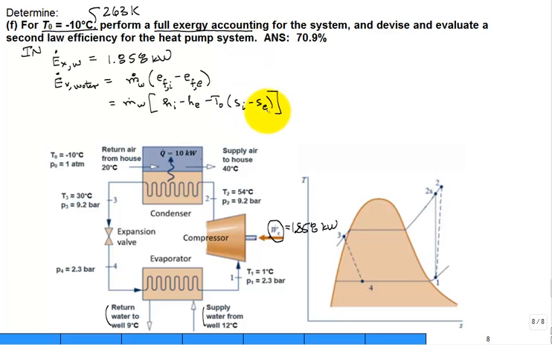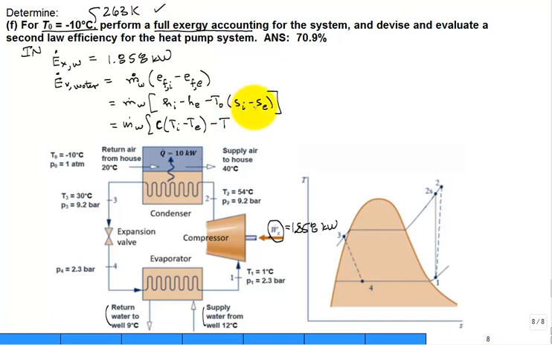All looks good. And then we say, well, we're using constant specific heats and we're treating that well water as if it's a liquid, incompressible. So we have the mass flow rate of the water times the specific heat times the temperature in minus the temperature exit. That specific heat, 4.2 kilojoules per kilogram Kelvin, minus the dead state temperature, right there it is, 263.